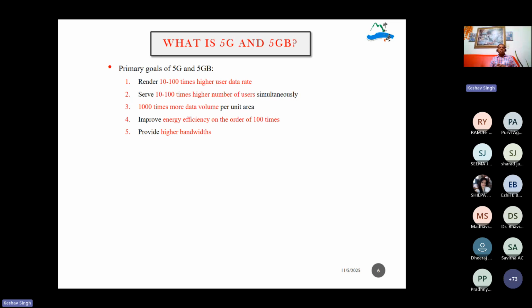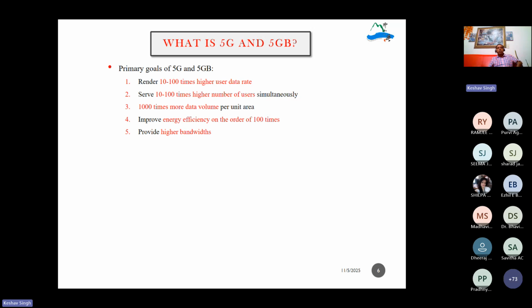Similarly, this is a shift from the current generation to the next generation, and generally it takes 10 years. So in 10 years, we can expect 10 to 100 times higher number of users, and due to that the demand will become very, very high.